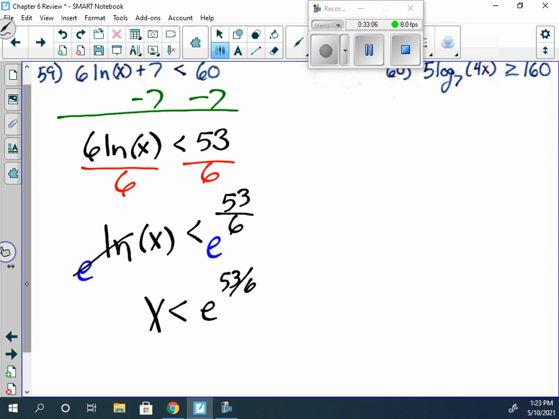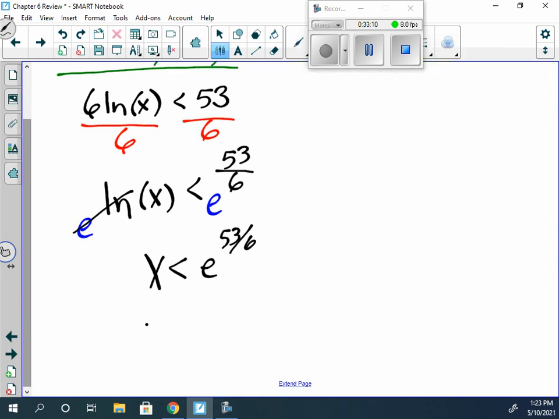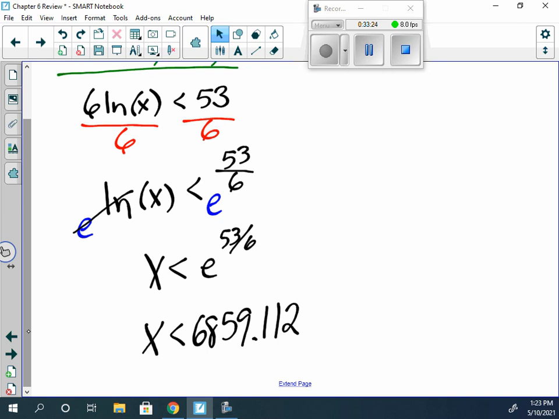Oh, that's actually not that bad. I thought it was going to be worse than that. Because if we write it out as a decimal, it is 6859.11246. I think in the answer key I left it as e to the 53 over 6.